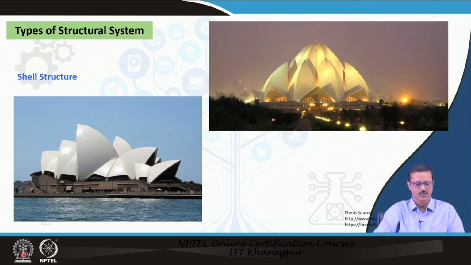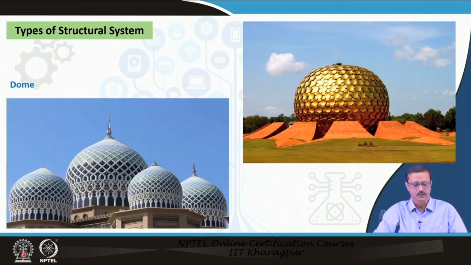The lower left corner structure, as you all know, is the Sydney Opera House, and the upper picture is from our country, the Baha'i temple in New Delhi, popularly known as the Lotus Temple. We can have domes also.